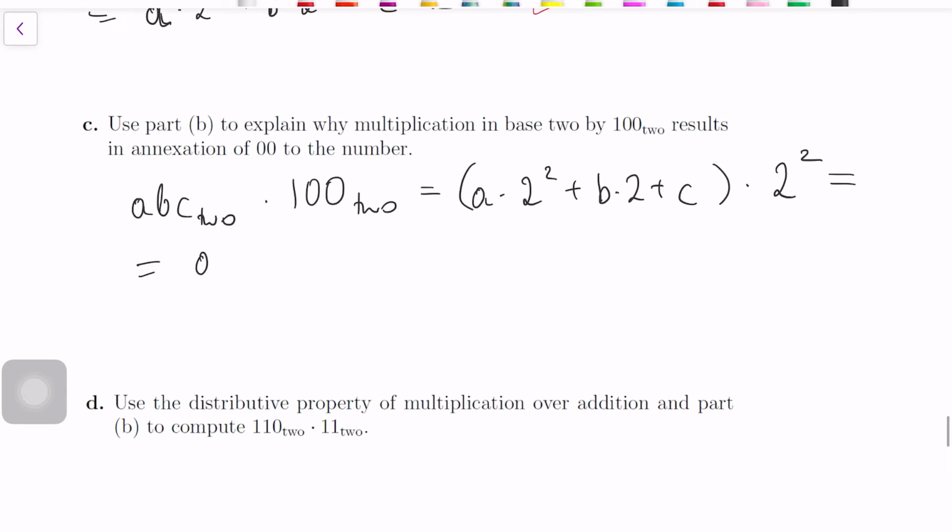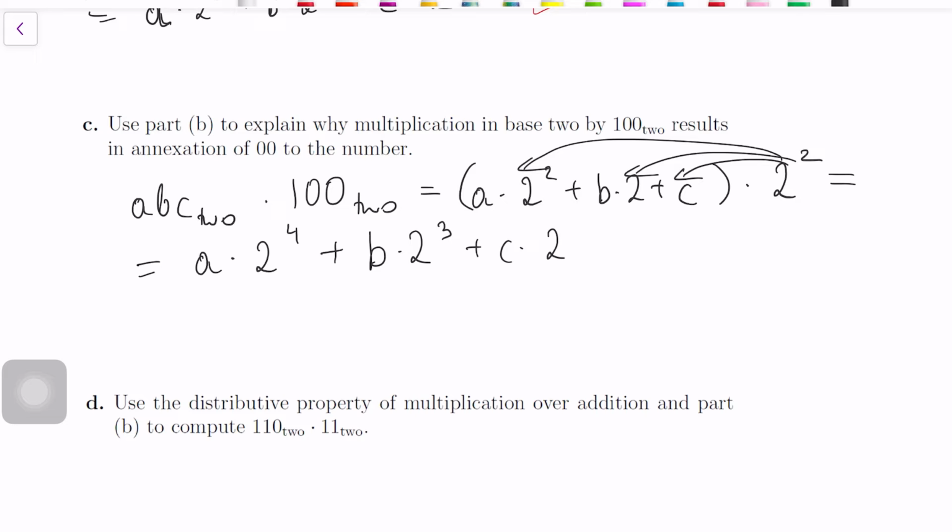So now that's distributed. But multiplying by 2 squared means that 2 squared will become 2 to the power 4, because combined I'm going to have 4 factors of 2. This will give me 2 cubed, and this will give me 2 squared.